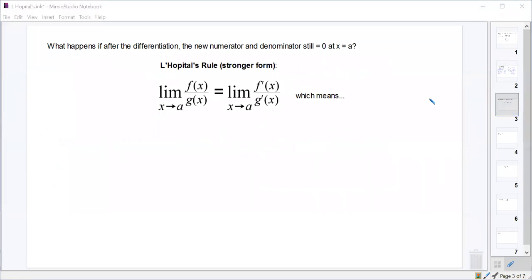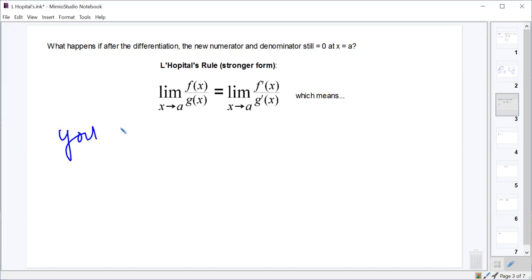All right, so what would happen, you think, if you took those derivatives and you ended up getting 0 over 0 again? Can you use L'Hopital's rule again? You just use it again, and if you still got 0 over 0, what do you think you could do? Just keep using it over and over as many times as you need.